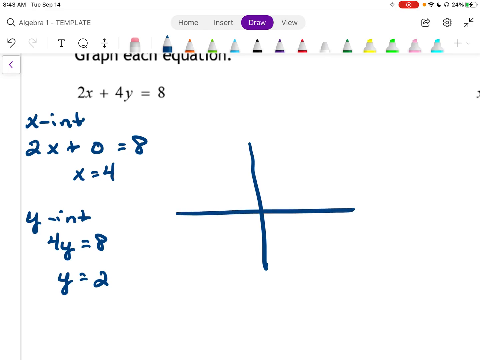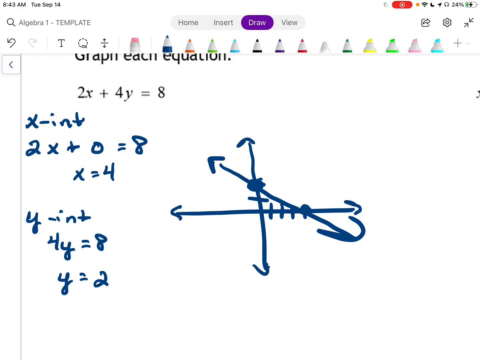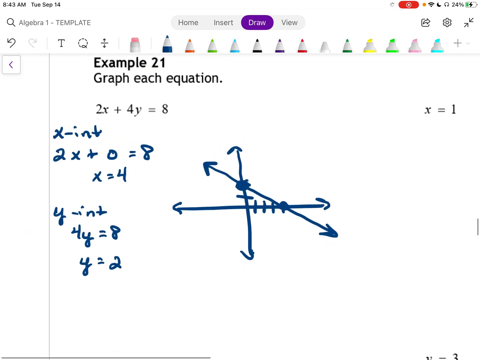Our x-intercept is 4, so I go right 4. There's my point. The y-intercept is up 2, so there's my point. And there's my line. I'll put little arrows on my coordinate plane too. There we are.